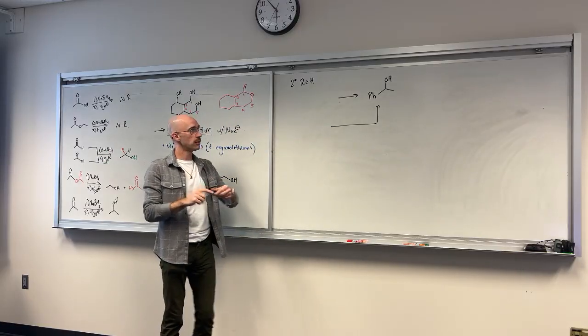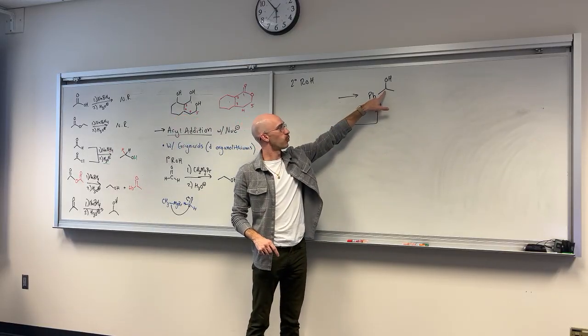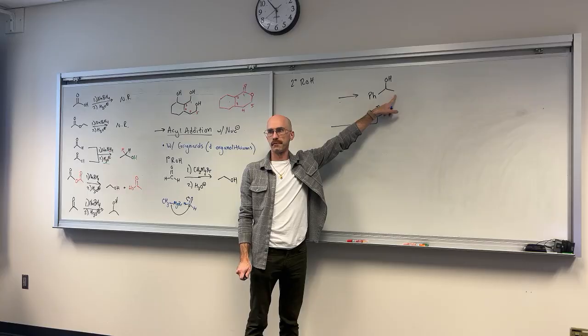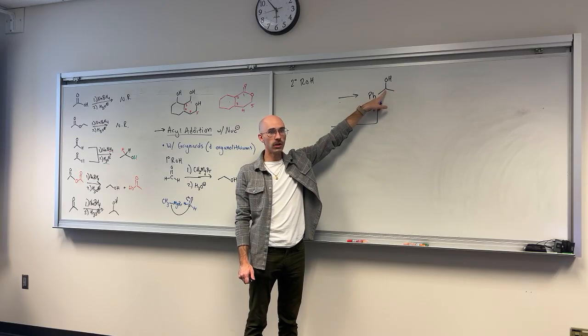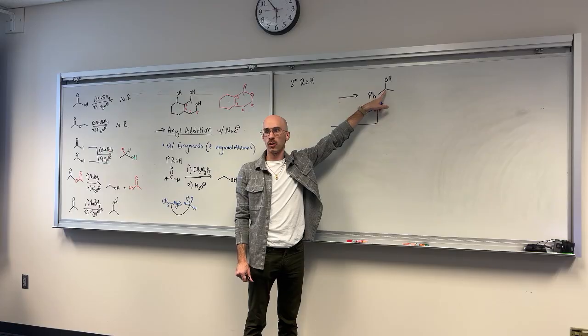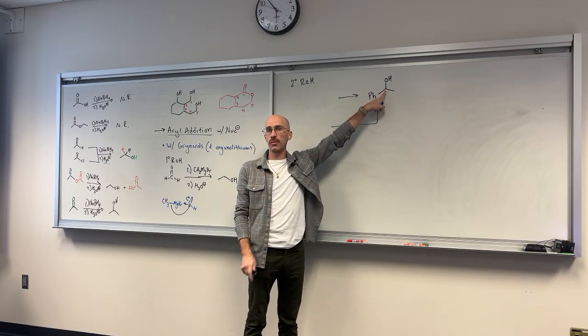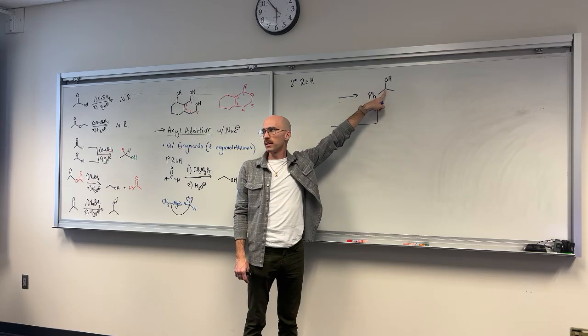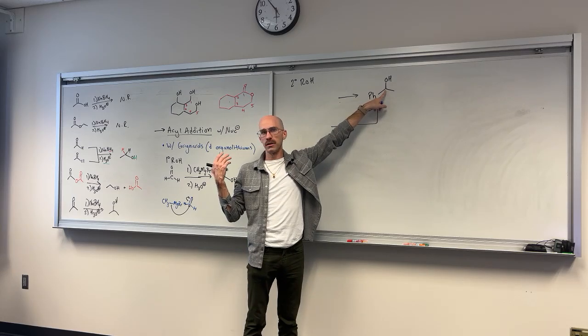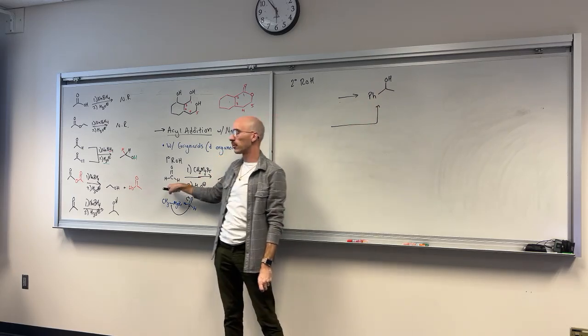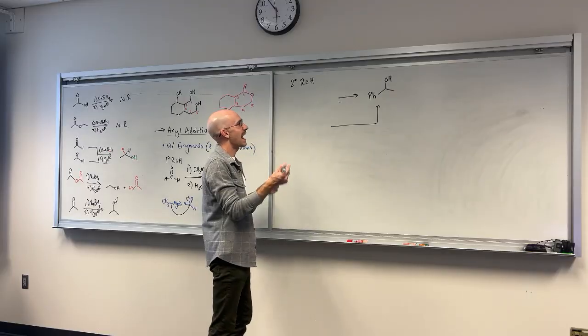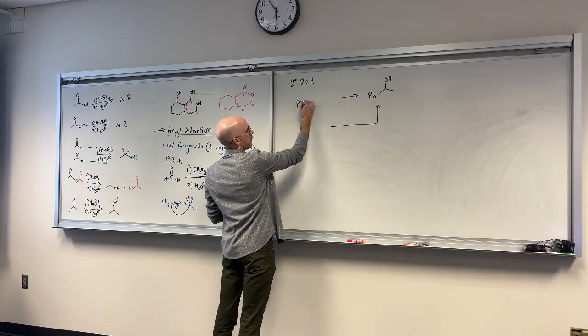But first of all, which of these carbons was the carbonyl carbon? The alcohol carbon was the carbonyl carbon. And I'm creating one of these carbon-carbon bonds, which means that my starting material carbonyl was not formaldehyde, but was an aldehyde.